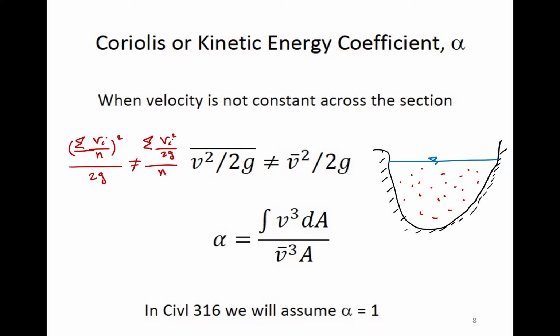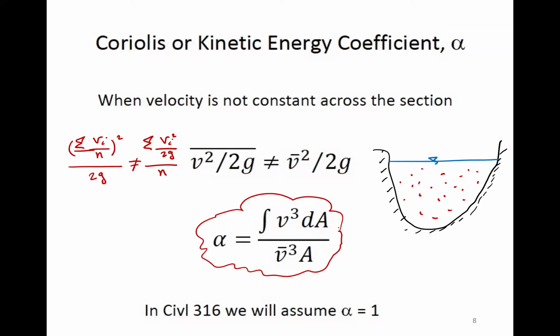Because of that, we need a correction. So if you take this into account and convert just to the sigma or integral, the same idea, you get the equation for the Coriolis coefficient or the velocity correction coefficient alpha, which will be the integral of v cubed dA, divided by v bar cubed times A. So it's like a spatial, weighted average of velocity.